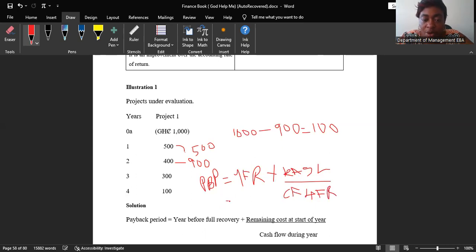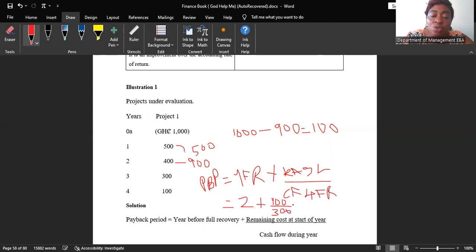We have 2 years already that recovered 900, and it's left with 100 cedis. So I want to see, if the next year is more than 100, let's find a fraction of how many months or days out of that year that we can recover it.